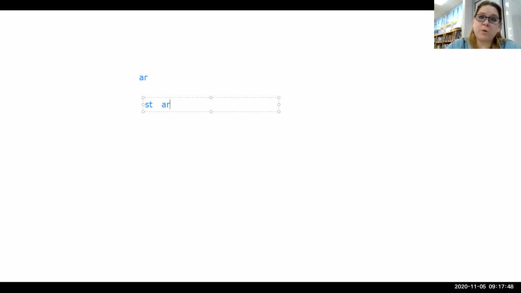What's our new word? It is stare. Good. So now I want to take the word stare, and I want to add the suffix ing to it. Stare, ing. What's the new word? Staring. Very good.